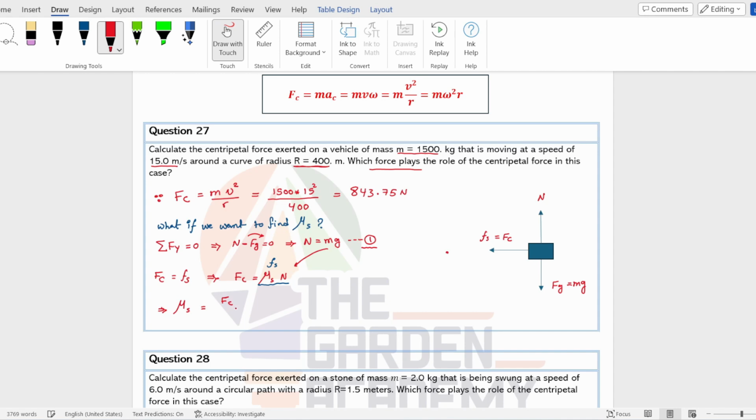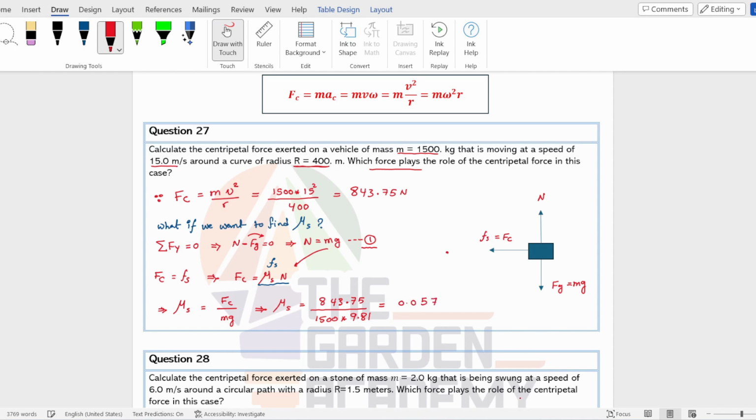So it's F sub C divided by N, which is m times g. Then plug in the values. mu s is equal to 843.75 divided by the mass of the vehicle, 1500 kilograms, multiplied by the gravitational acceleration, and this is equal to 0.057.